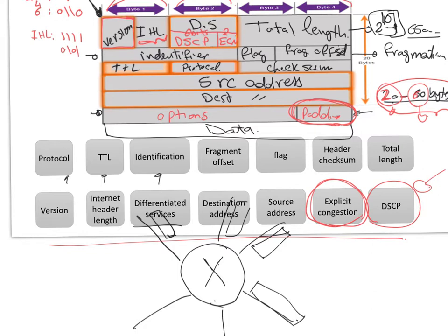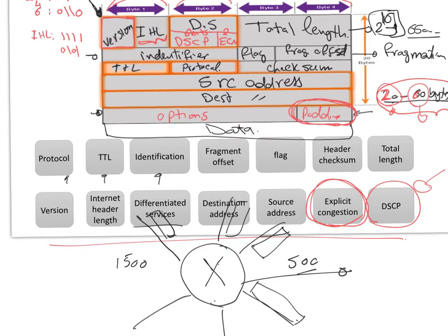Actually, the use of this row, which is the identification, flags and fragment offset: as we said before, we use it for fragmentation. Fragmentation is a process that the router does when it receives a packet on an input port that, for example, uses Ethernet with 1500 bytes, and it needs to send it on the output port, which happens to be, let's say, wireless, and wireless has 500 as a maximum transmission unit.